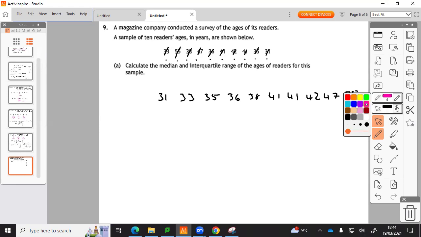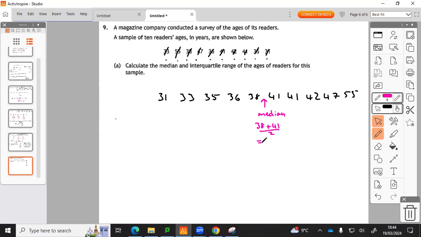For the median, we're looking for right in the middle. 1, 2, 3, 4, 5. So the median is in between those two numbers, between 38 and 41. You need to do 38 plus 41, and then divide that by 2 to get the median.